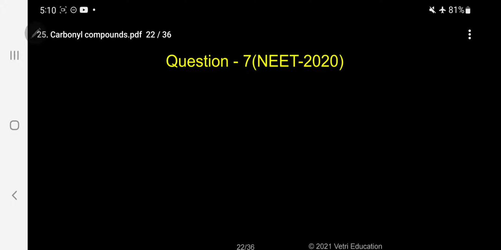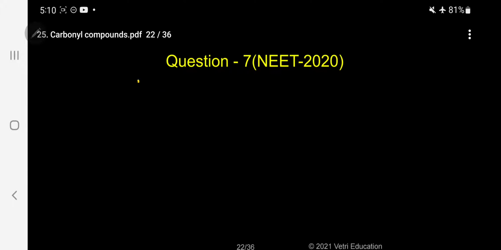Suppose, what is the difference between the aldol condensation and the Cannizzaro reaction? Aldehydes or ketones containing alpha hydrogen will undergo aldol condensation, whereas aldehydes or ketones not containing alpha hydrogen will undergo Cannizzaro reaction.